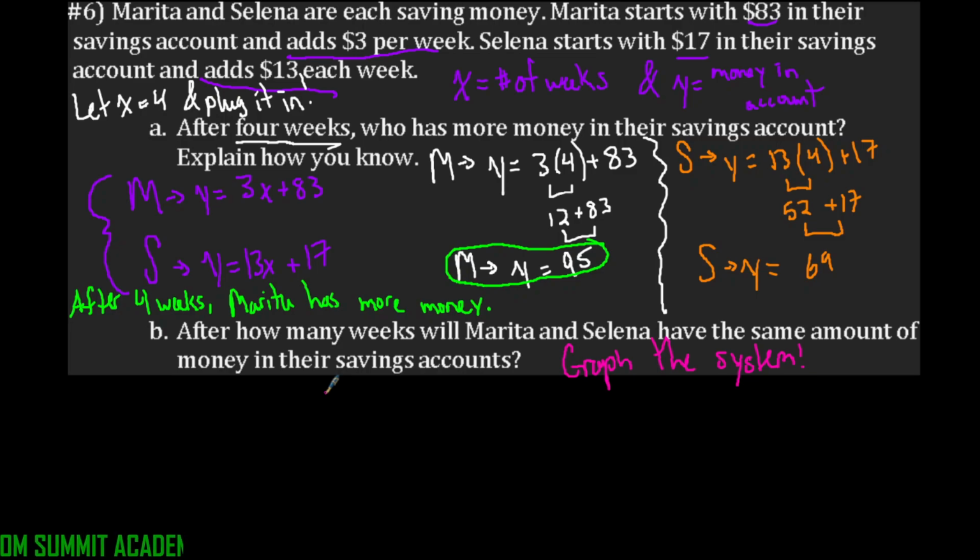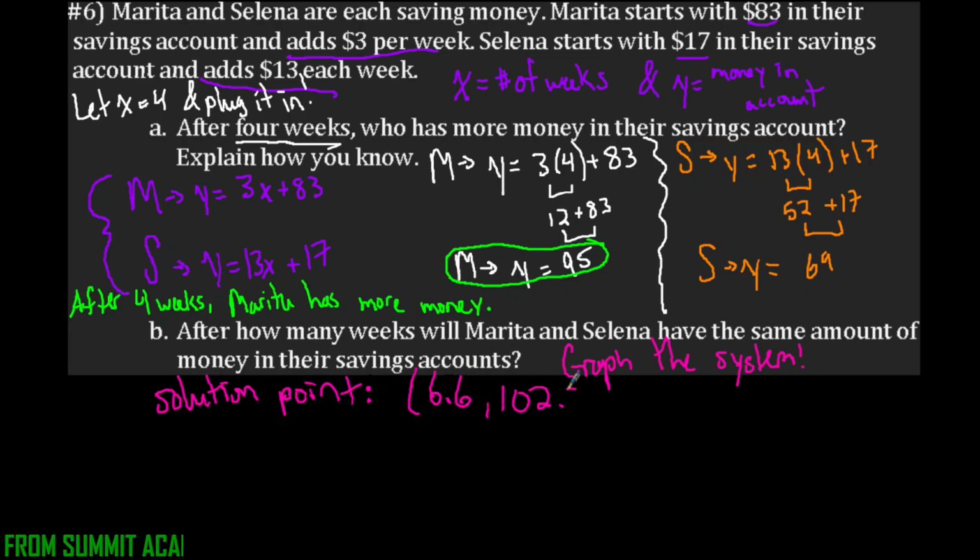So again, we're saying graph the system. We're going to say the solution point was 6.6, comma 102.8. And what does that mean for our situation here? Well, let's write it like this.